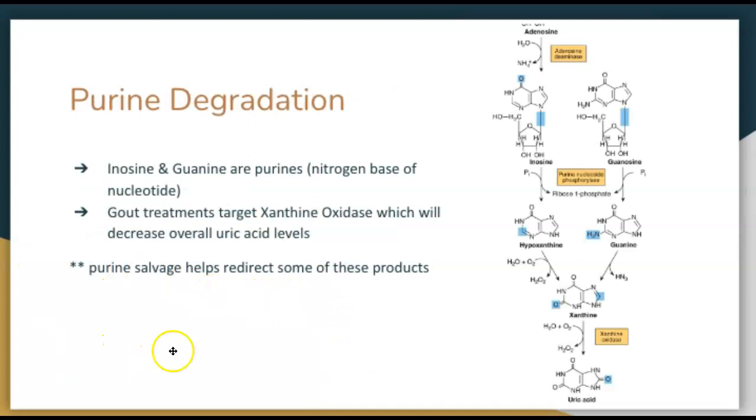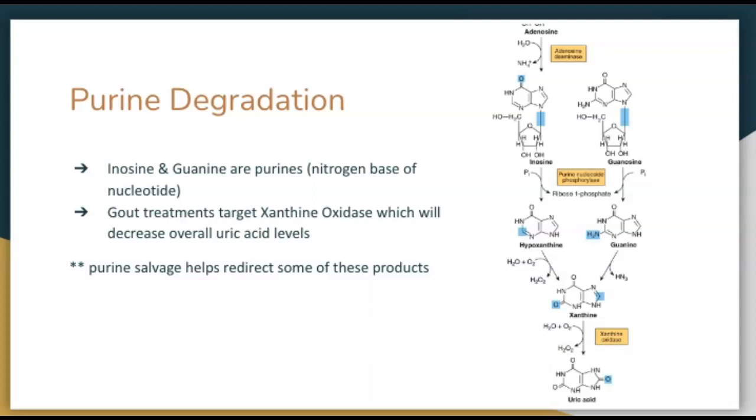Next, I'm going to start talking about purine salvage, but first we need to talk about degradation. Inosine and guanine are purines, part of the nitrogen-based nucleotide compound. In this picture, you can see that they each go down into their parts, hypoxanthine and guanine, and then they go down into xanthine.